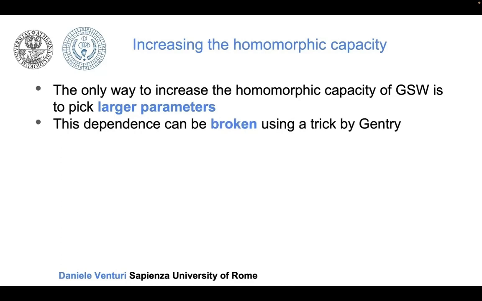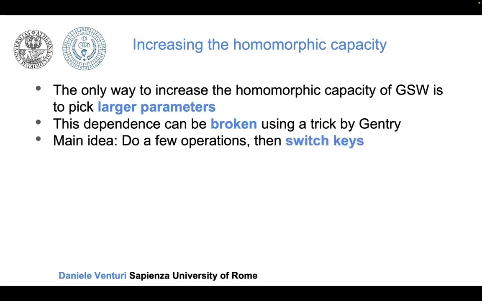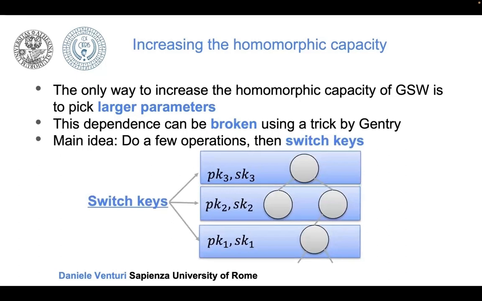Gentry already in his initial paper came up with an idea how to break this dependency. And the main idea is this: think of the circuit as being made of several layers. You do some computation, and when you do these computations, the noise grows. Then you switch the key and bring the noise back to 0. Again, do some computations, switch key.